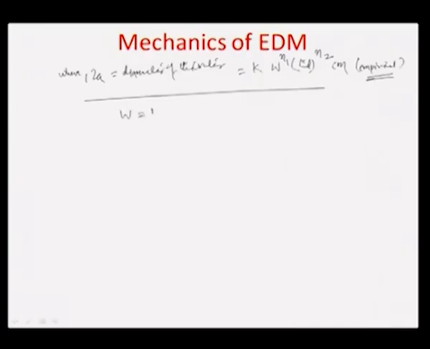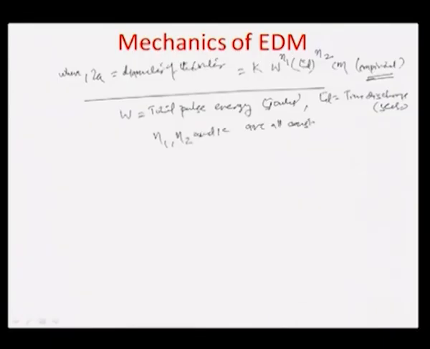W here is the total pulse energy, and normally this energy is given in joules. We already know that Td is the time of discharge in seconds, and the coefficients n1 and n2 and k are all constants. And they really depend on the property of both the electrodes and the medium.